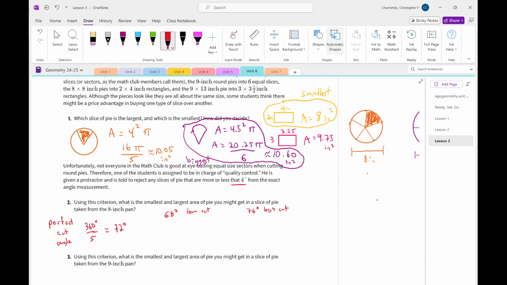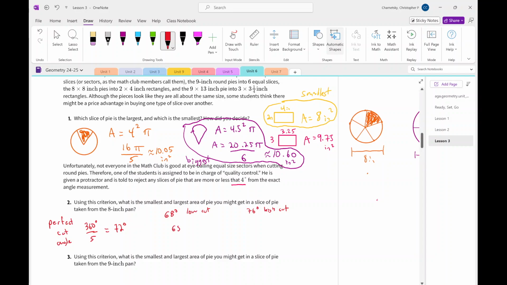Now, when it was cut perfectly into fifths, that was easy. You just take the whole area and cut it into fifths. Instead, we're going to use a fraction that is equivalent to our angle. So we're not cutting it at 72, but what if it was 68 out of 360?